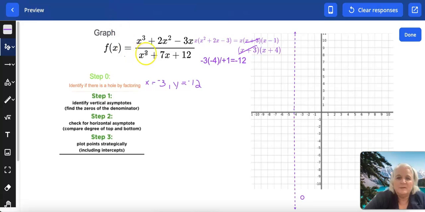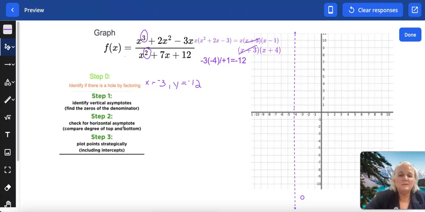So scribble, and I'm looking at the 3 here, and I'm looking at the 2. The top is the M, and the bottom is the N. So compare the degree of the top and the bottom. The top is bigger than the bottom. Okay, so that means that I have no horizontal asymptote.